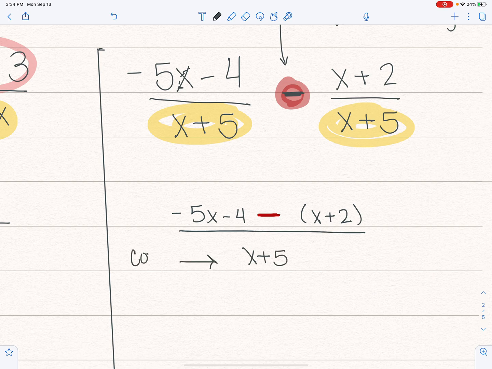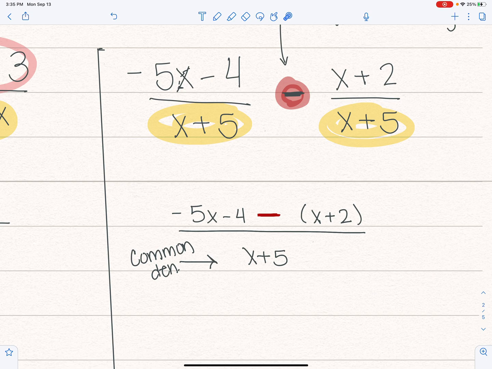Just make a note that we are not adding denominators. Whatever that common denominator is, that's going to carry through and be the denominator once I combine them. Again, just make note of those parentheses. If you forget the parentheses, your signs will be wrong, and then therefore your final answer will be wrong.